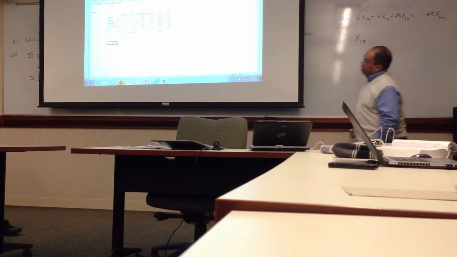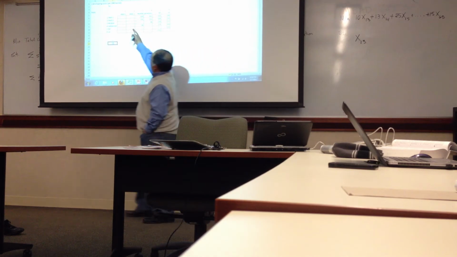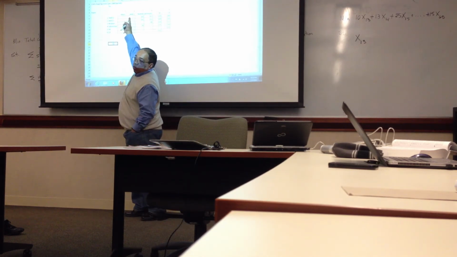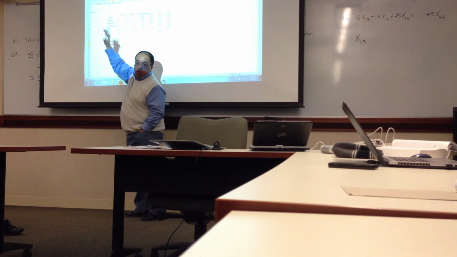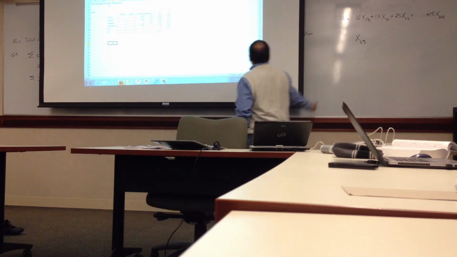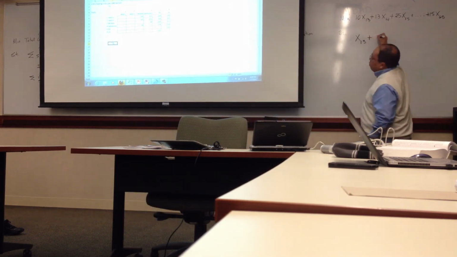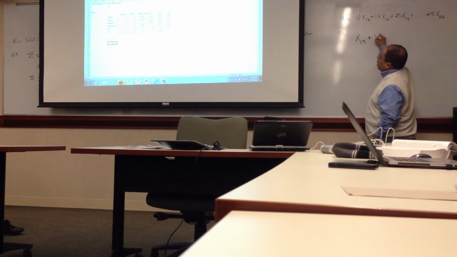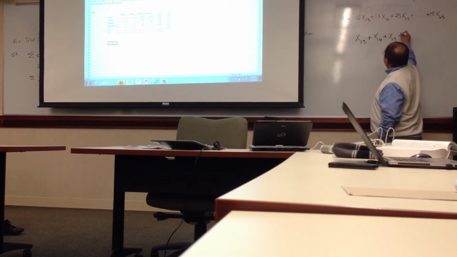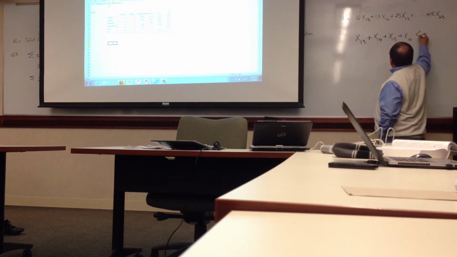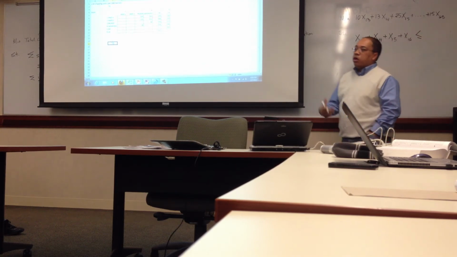I cannot ship from well 1 to well 1 and well 1 to well 2. It's blank here. When it's blank, you cannot use that route. So x13 plus x14 plus x15 plus x16 cannot exceed your supply.